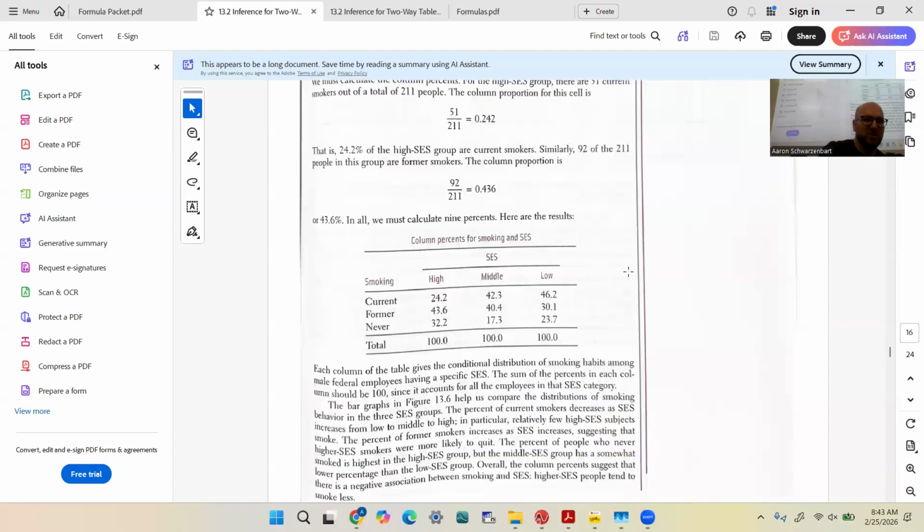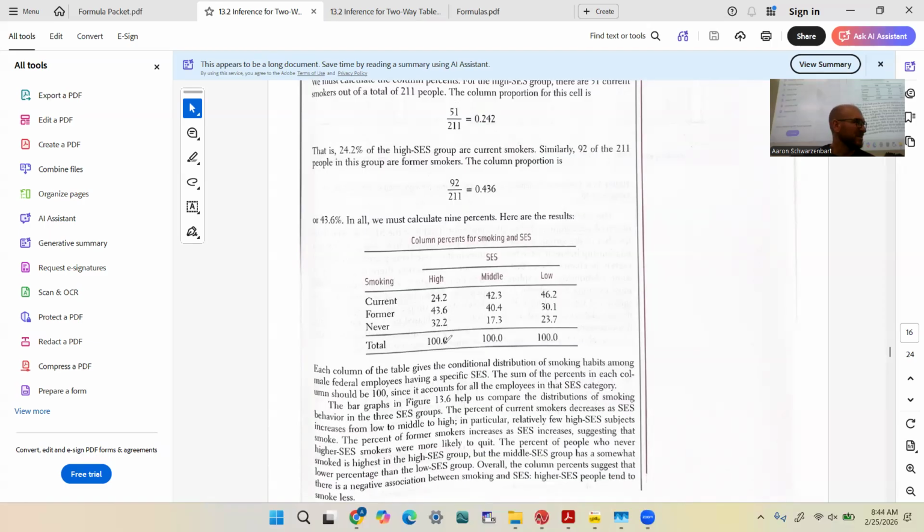This is probably more useful when I'm looking at it going, is there a difference? They did percentage of high class that are current smokers, former, and never. Percentage of middle class that are current, former, never. Percentage of lower class that are current, former, never. So they did high out of the total for high.